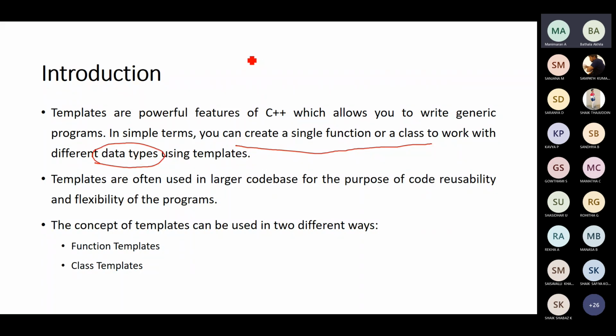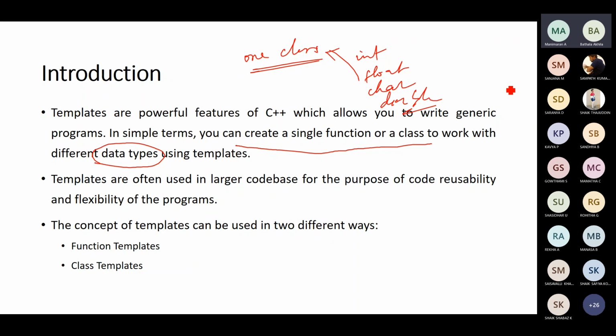So we are going to create only one class, and for this class we can access, we can process with integer as well as float, character, double, any kind of data type we can process with the single template.